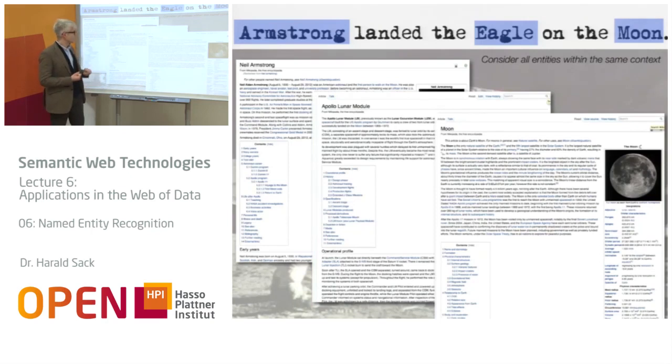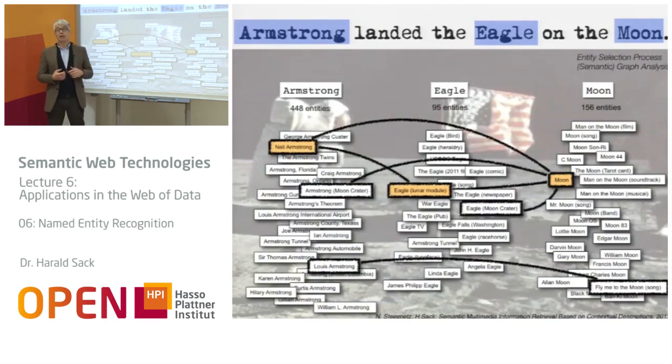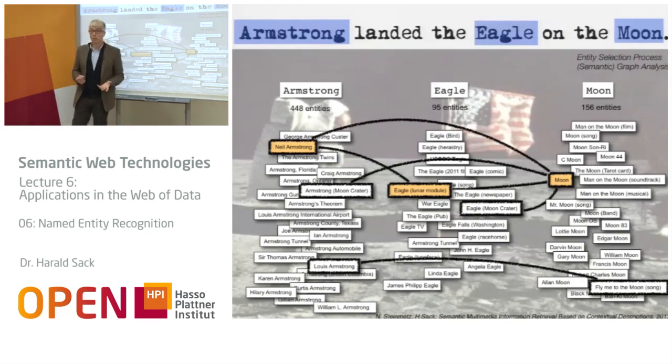And the same can also be done via the DBpedia link graph. You just look at the links between the entities, and then maybe between these entities you might find links. The thing we are looking for are so-called connected components. So here, for example, we have a connected component between Neil Armstrong, Eagle, which is the lunar lander module, and the moon.